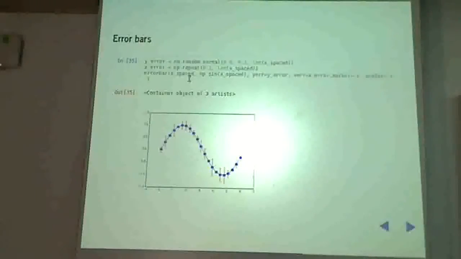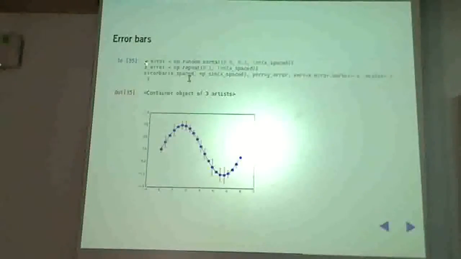It just repeats whatever value you give as the first argument, and the number of times it will repeat has to be specified in the second argument. So it will create an array of identical values, 0.1, 0.1, 0.1, 0.1. For this example, we have chosen different random error bars along the y direction, but a fixed error bar of 0.1 along the x direction.